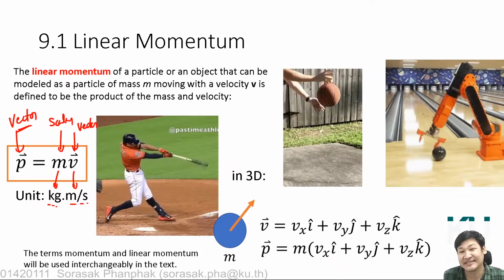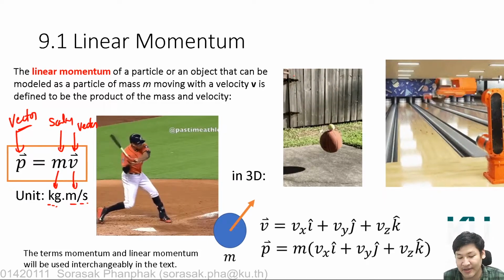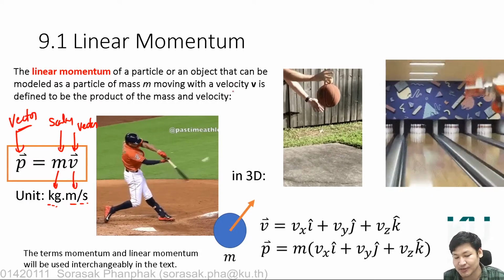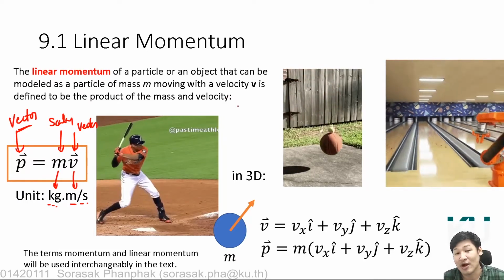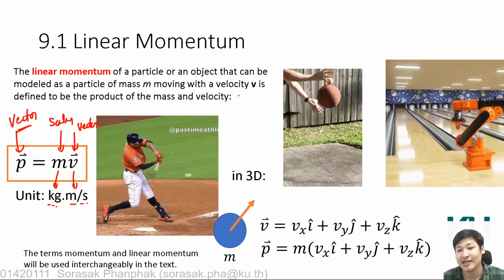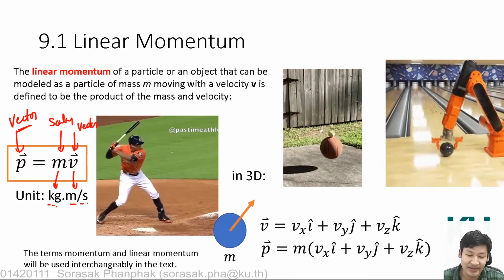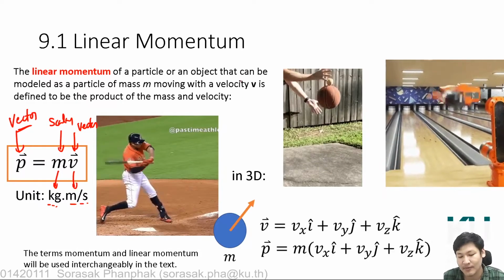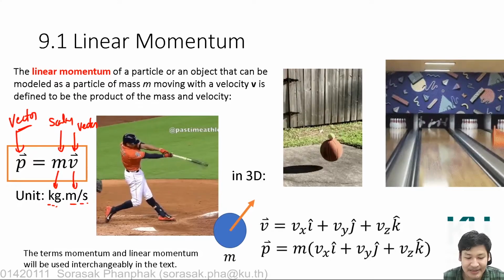There are several examples of momentum in our everyday life, mostly in sports. When you're driving a car, if the car has speed or velocity, and you are inside the car, you get momentum from the car. This is the first example.